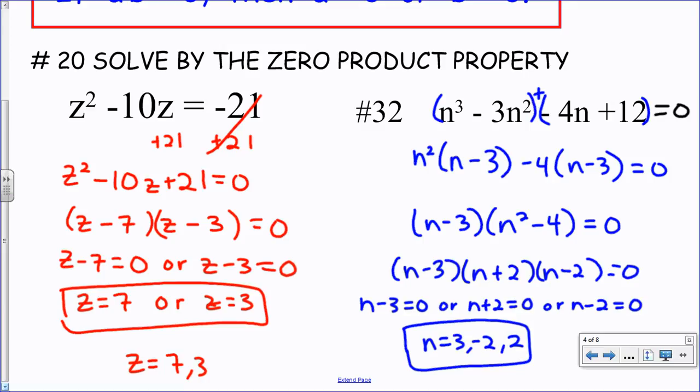You can get imaginary ones too. But that should help guide you. So if you were to stop and just give me like 3 and 4, then you know you did something wrong. Or you give me 3 and positive 2, but you forget the negative 2. You know you did something wrong. Okay?